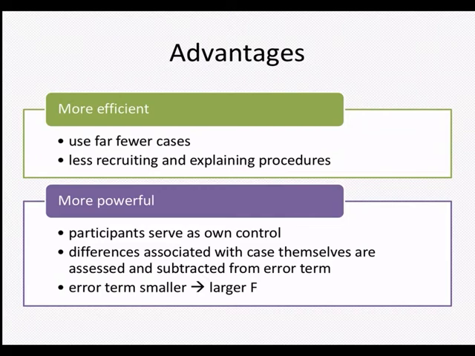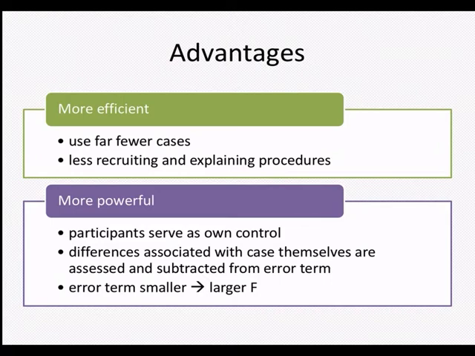And from a statistical aspect, it's more powerful. So this is the phrase, participants serve as their own control. It's not something we say in daily life, but what I mean here is that, sort of like what I described there, everyone's receiving both conditions.